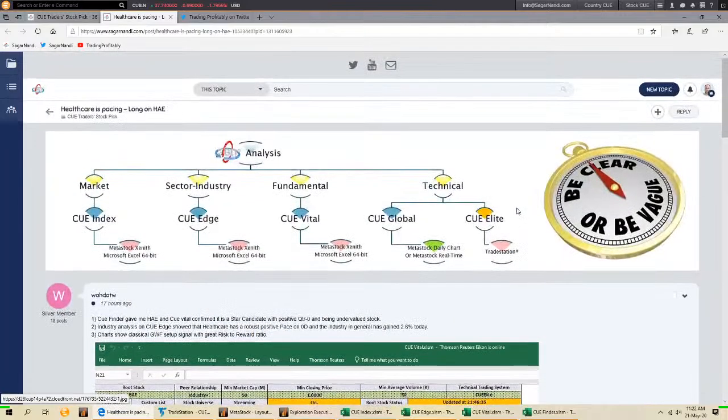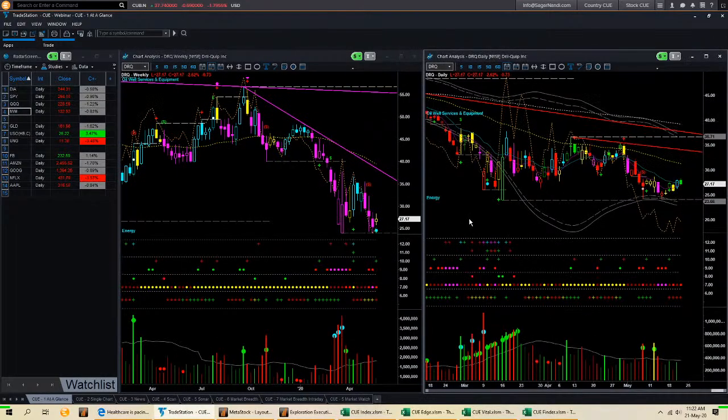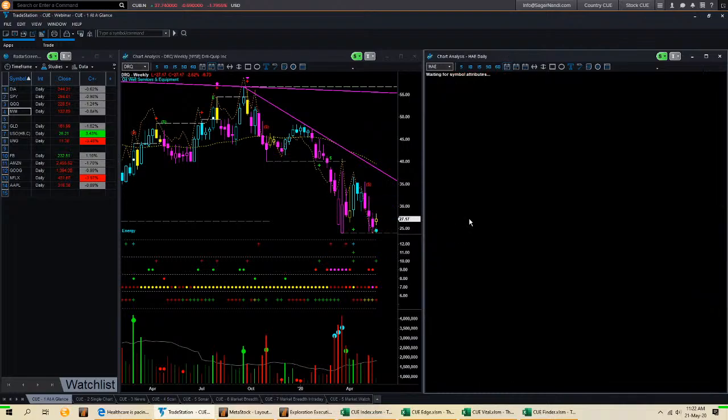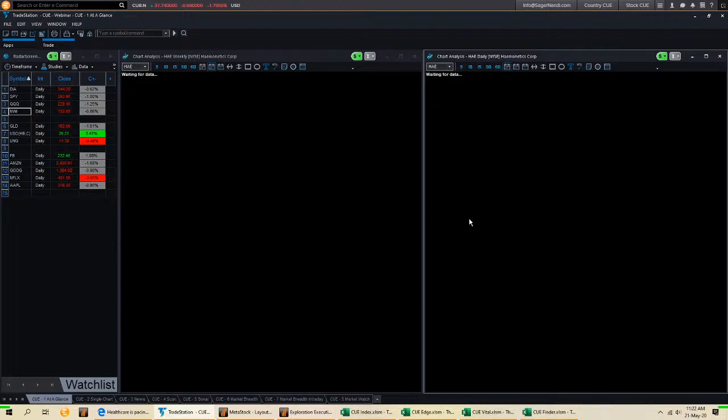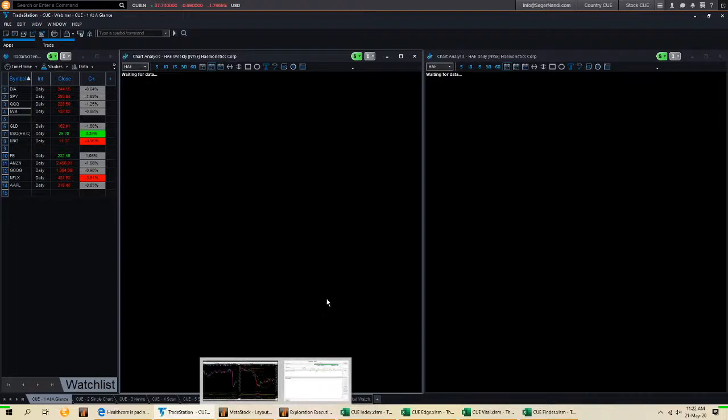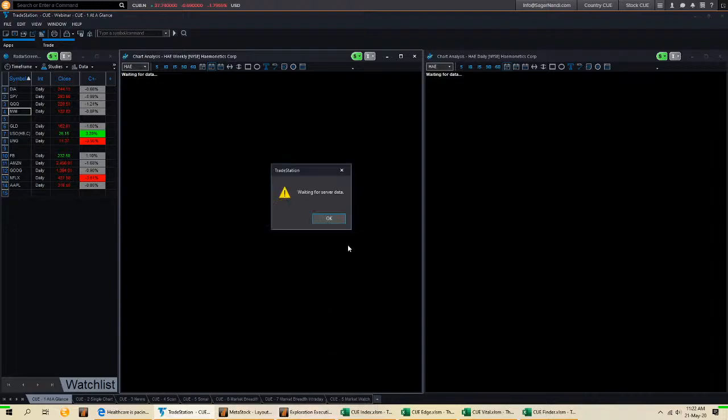What happens after that, after the analysis, we wouldn't know. We can check out, but that would not influence our decision. HAE. It's taking a while to load the data.